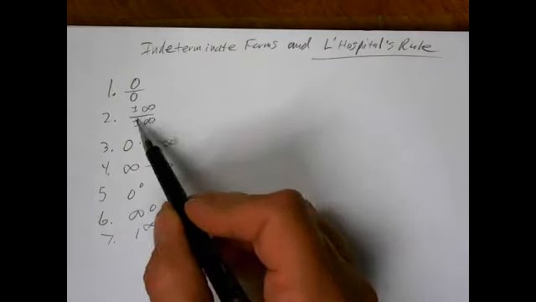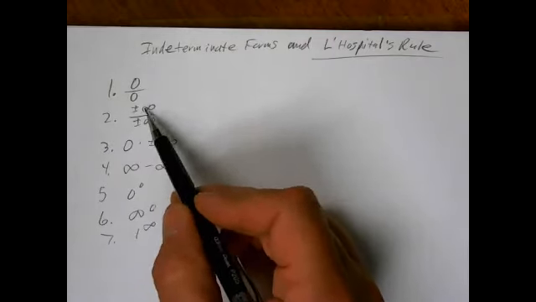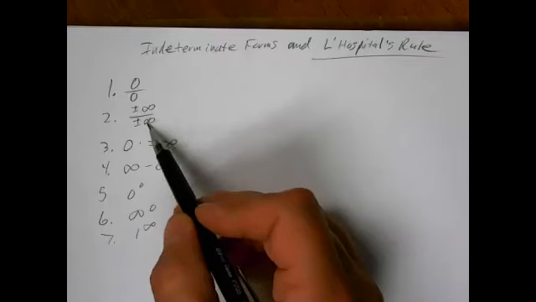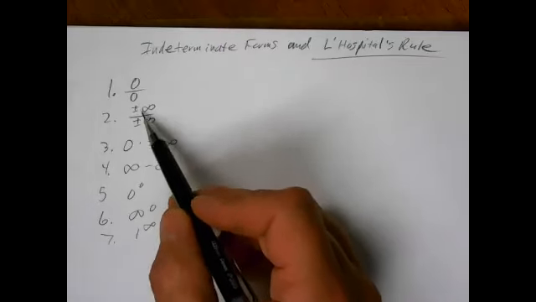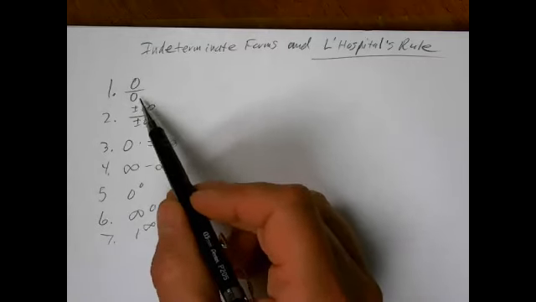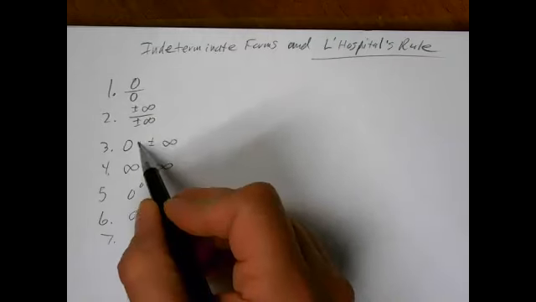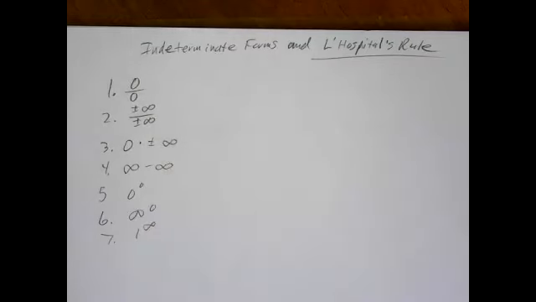An infinity over an infinity, and with the plus or minus here, what I'm trying to say is it could be a positive infinity over a positive, a negative over a positive, or a negative over a negative. But 0 over 0 is indeterminate. One infinity over another is indeterminate. 0 times an infinity is indeterminate.